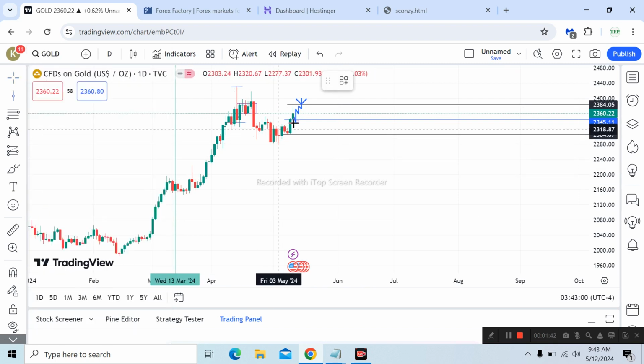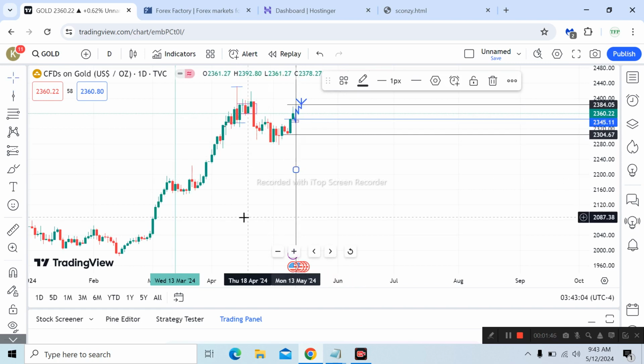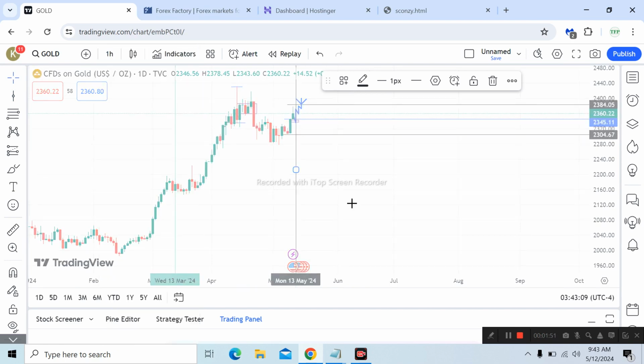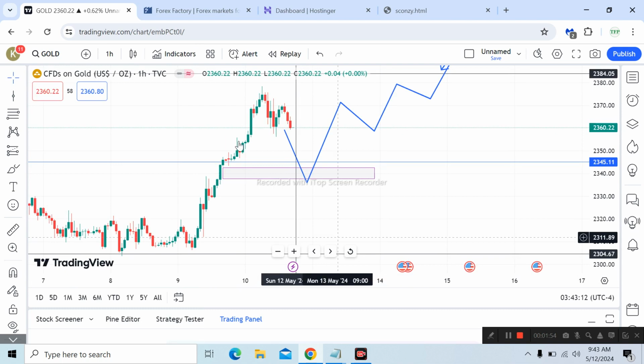Then you draw an anticipatory line, where you expect price to reach from. Then we go back to our 1 hour time frame. On our 1 hour time frame, you see this line is an anticipatory line for when price is going to continue in the next trading hour.